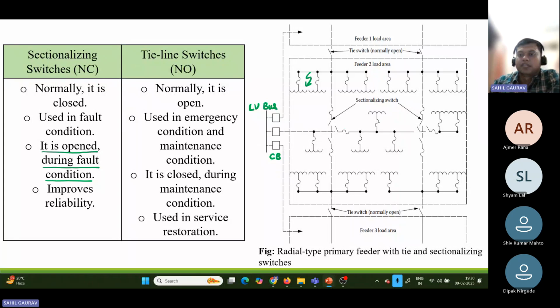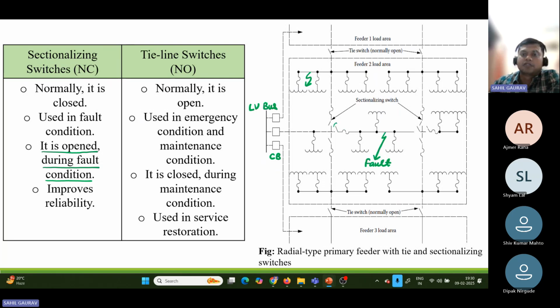And you can see it like this. Suppose a fault happens here.